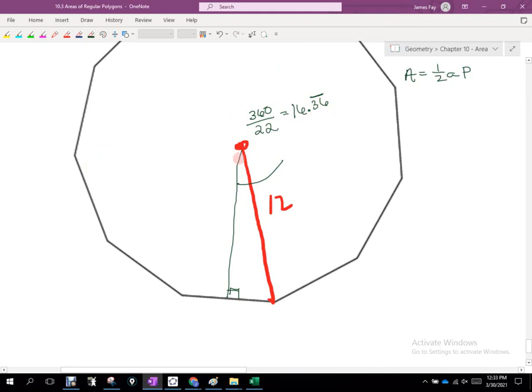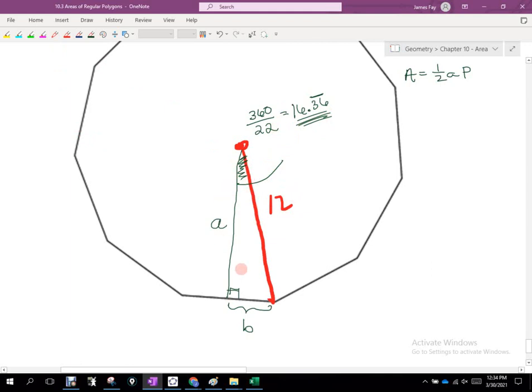So that's that angle. I need to find A, and I'll just call this down here B, for lack of a better letter. I need to find those. And I know that this is a 16.36 angle right there, and I know that my radius is 12.